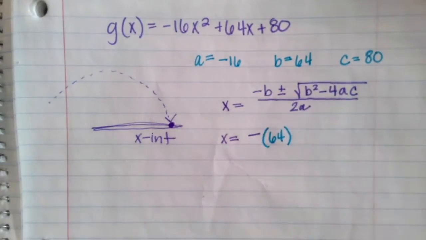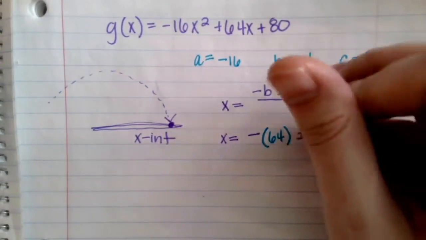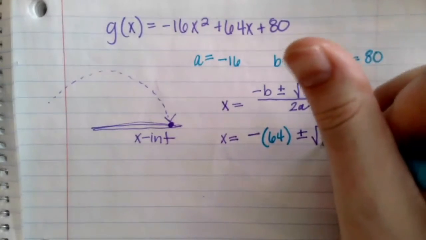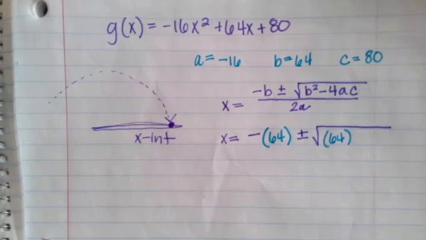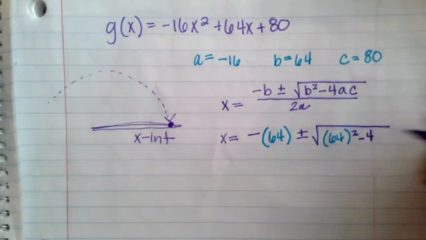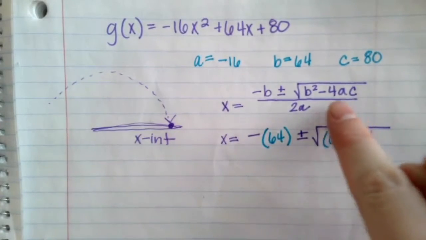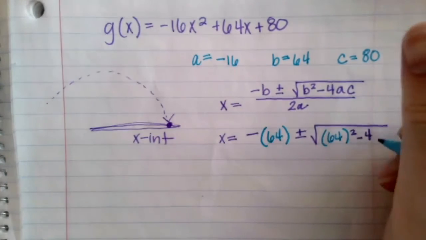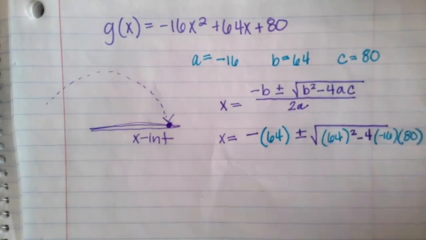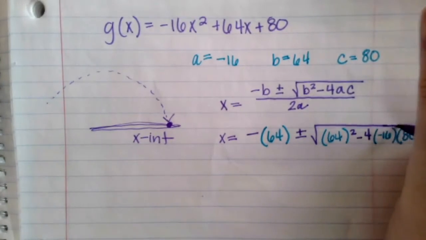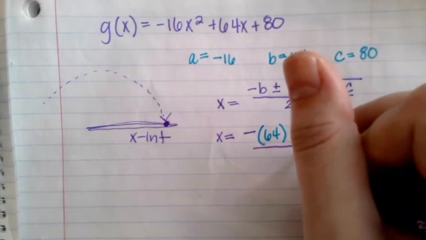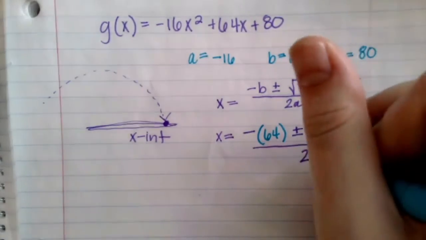Then I have my plus or minus, square root, and now I plug b in again, squared, minus 4, which is always there, no matter what these are, that 4 is just part of the formula. And then a, and then c, all over 2 times a.